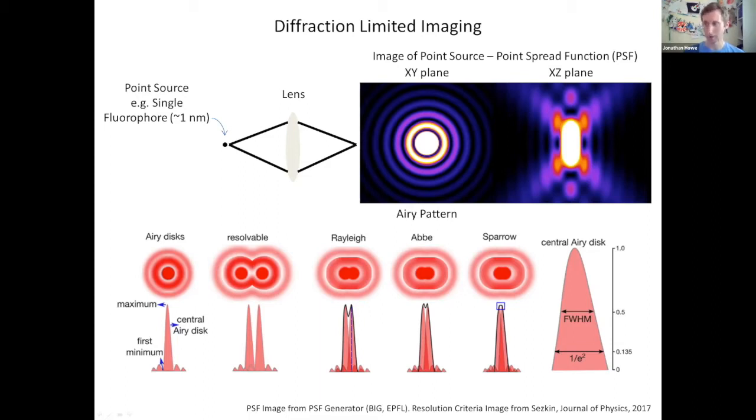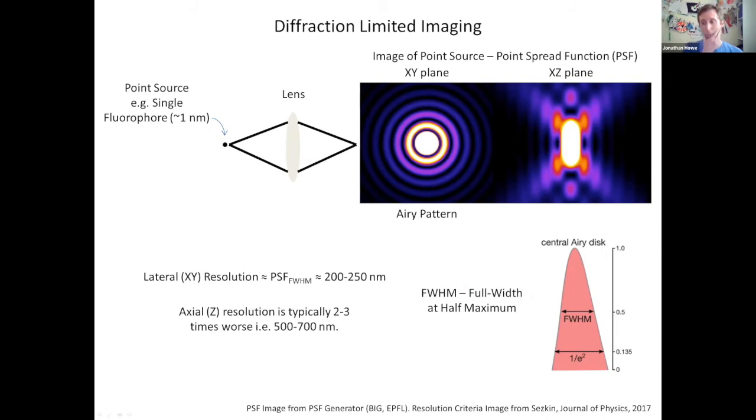And this value for a high NA oil immersion lens comes out, generally speaking, around 200 to 250 nanometers laterally in XY, whereas the axial resolution tends to be 2 to 3 times bigger, at least. This is the best case scenario for an oil immersion lens at about 500 to 700 nanometers. So where do these numbers actually come from?